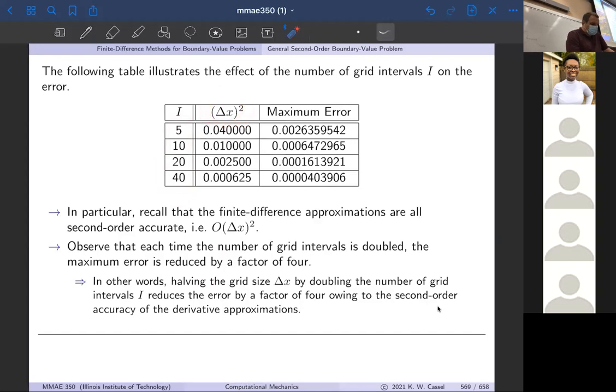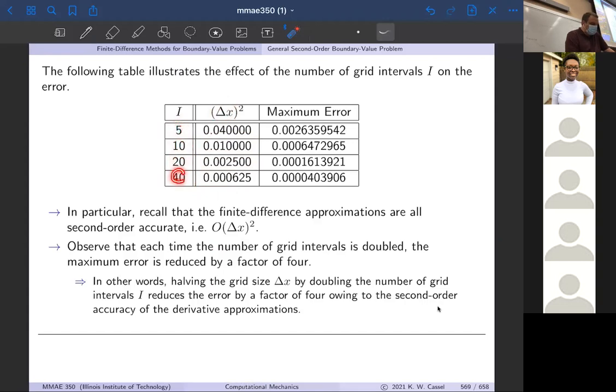So what I've included here in this column is the actual square of delta x. As I increase the number of points, the value of delta x gets smaller, and of course, you square it, it gets even smaller yet. So it's getting smaller with each doubling of the number of points.